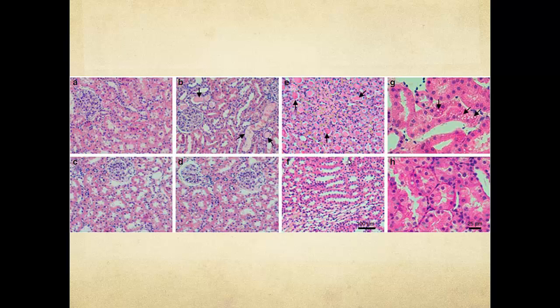And this diagram is basically giving us the morphology of the rat tubules. Diagram A shows the control, the kidney biopsy of the control rats, and you can see that it looks very normal. B and E show rats treated with cisplatin.